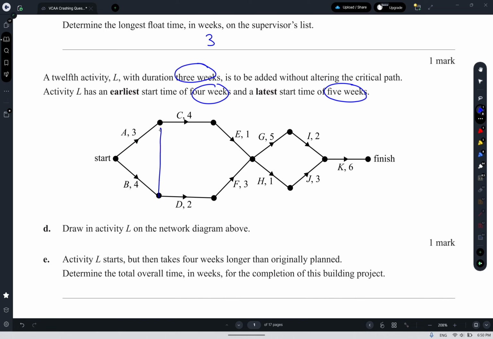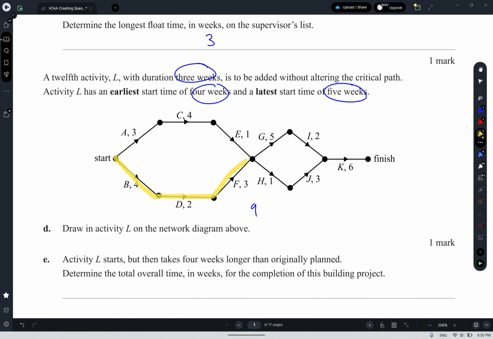If we were to go here, and it had a duration of 3, it would take 4 plus 3 is 7, plus 4 is 11, plus 1 is 12. That's going to alter the critical path, because we know the critical path is this here, and it should only take us 9 to get to that location, being 4 plus 2 plus 3 on the original critical path.